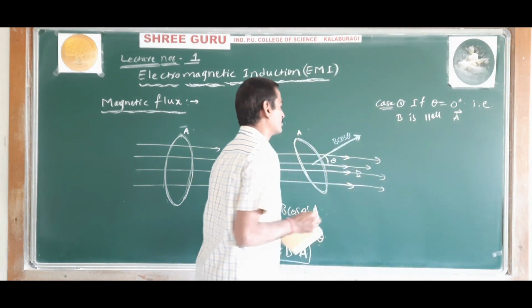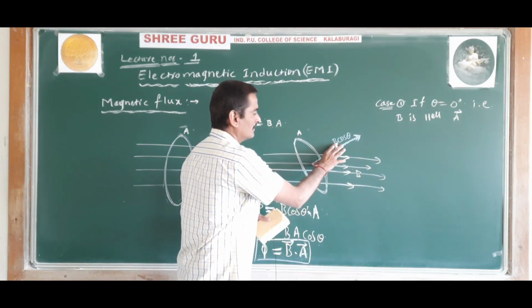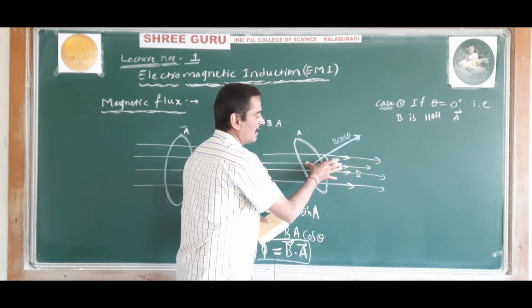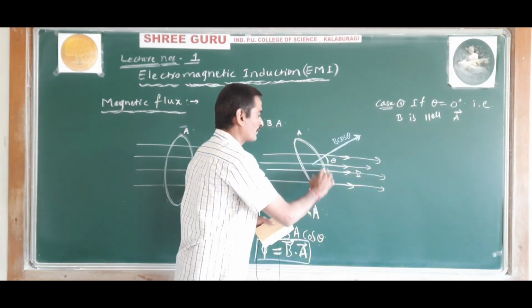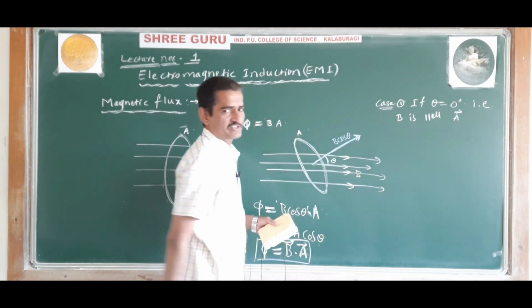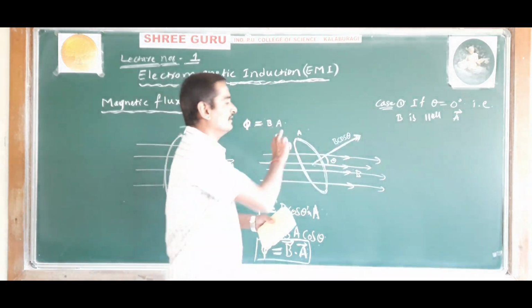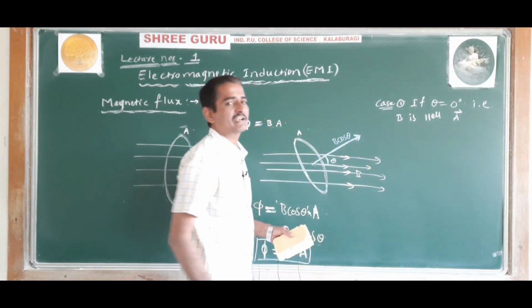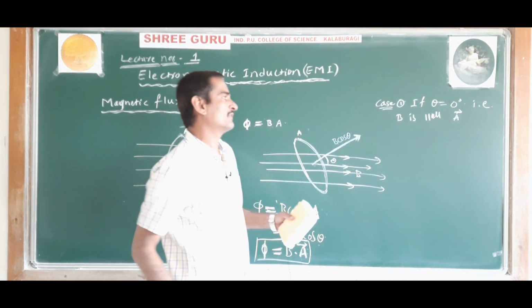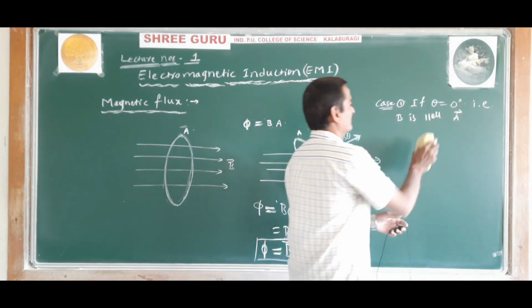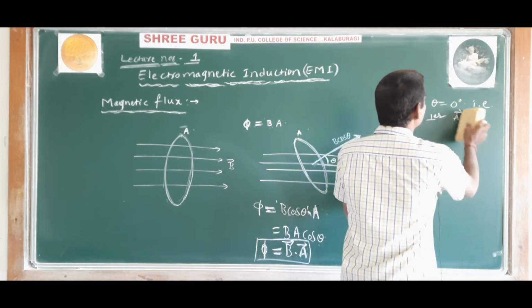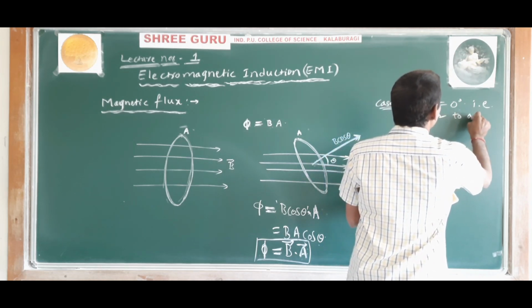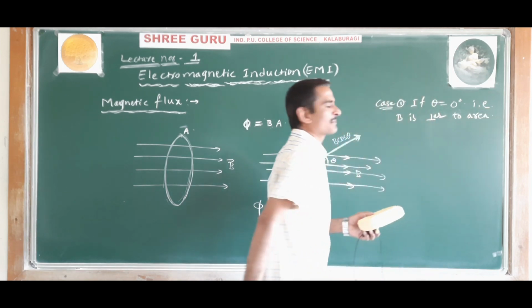Here theta is equal to 0 degrees, which means the normal drawn to the area is along the direction of the magnetic field. The area vector and the magnetic field are both in the same direction. That is, the magnetic field is perpendicular to the area.